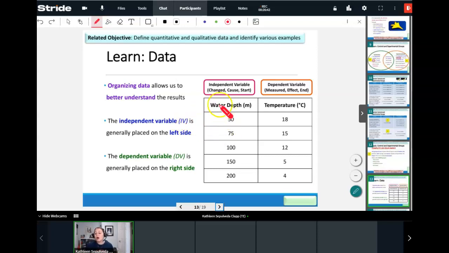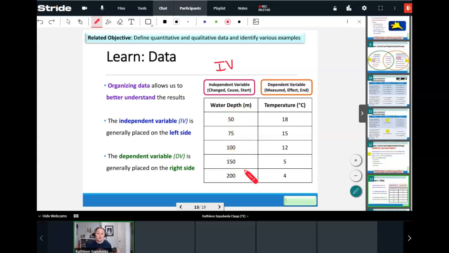Now, when we have a column chart like this, we're always guaranteed the independent variable will be placed on the left-hand side. This will always be our independent variable, our IV, okay? It'll be on the left-hand side here. That's what we're changing. So in this case, we're changing the water depth, right?